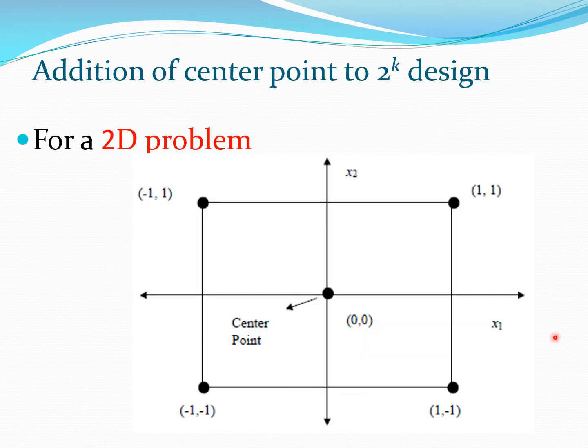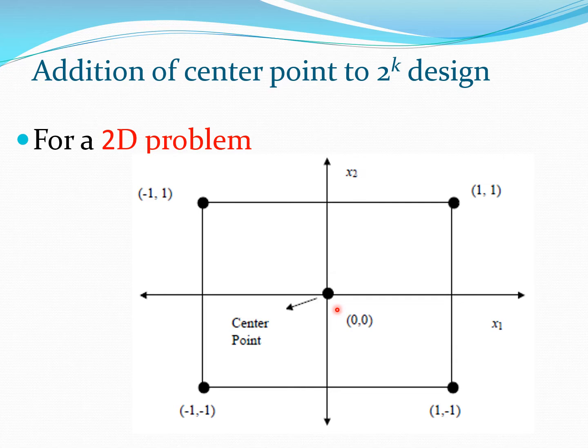So now let us look at this problem pictorially. If you have a two-dimensional problem, that is k equals 2, recall that 2 to the power 2 is 4 points. So you would have these 4 points in the factorial design or the 2K design or the two-level design. We have been using these various terms at different points. So when you add the center point, it is essentially at the point 0, 0. So again, these are expressed in terms of coded variables.